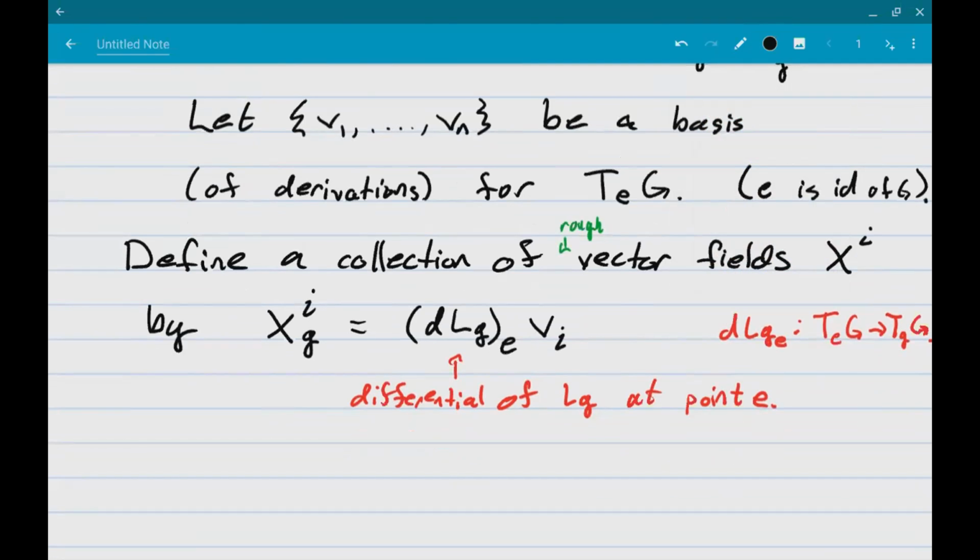So since L_g is a diffeo, dL_g, well, maybe the parentheses should go here. I don't know. No good place to put the parentheses. Okay. This map here is an isomorphism.